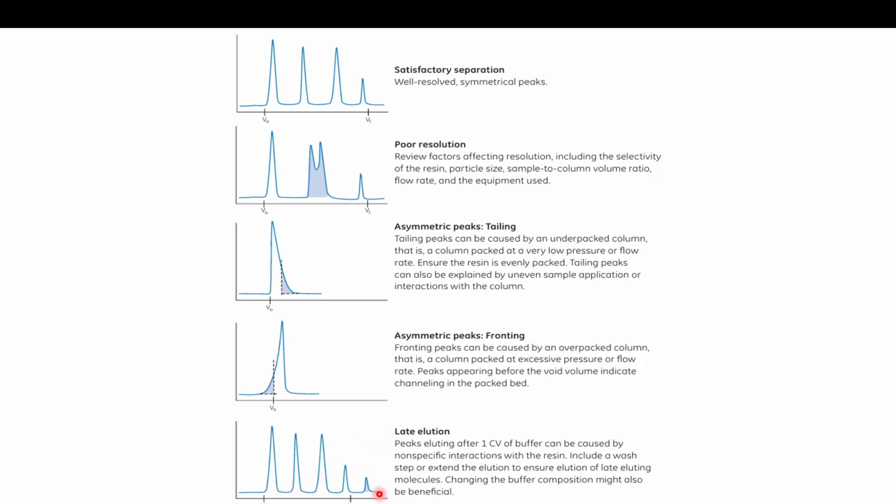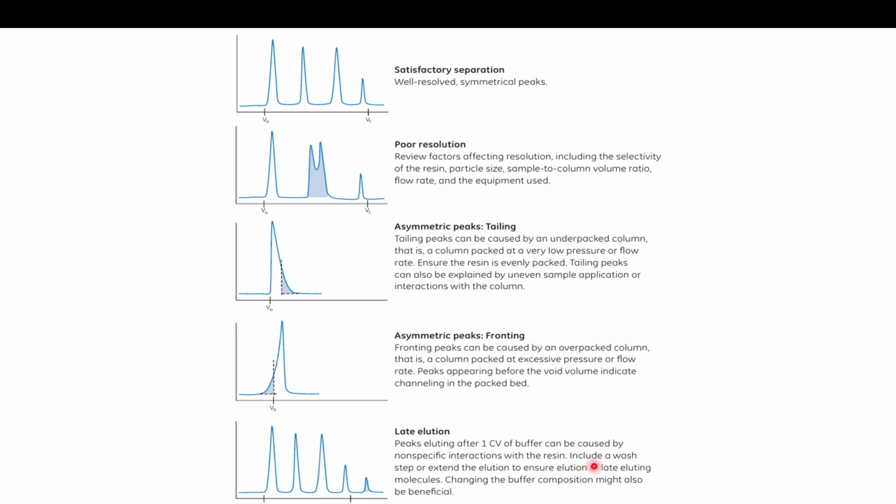And there can be late elutions as well. Peaks which are eluting after 1 column volume of buffer can be caused by, which means if it is eluting later, some kind of interaction might be going on between the sample or biomolecule of interest and the SEC matrix through which your sample is passing. Okay, so peaks showing late elution can be due to any kind of non-specific interactions with the chromatographic resin.